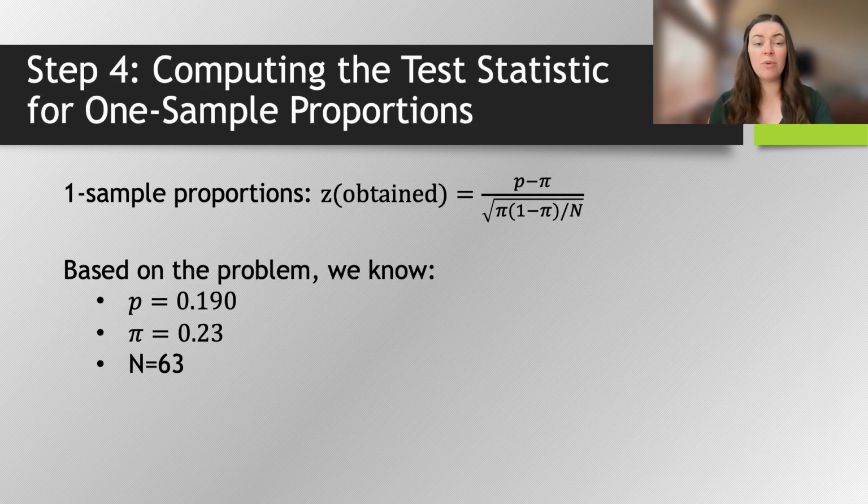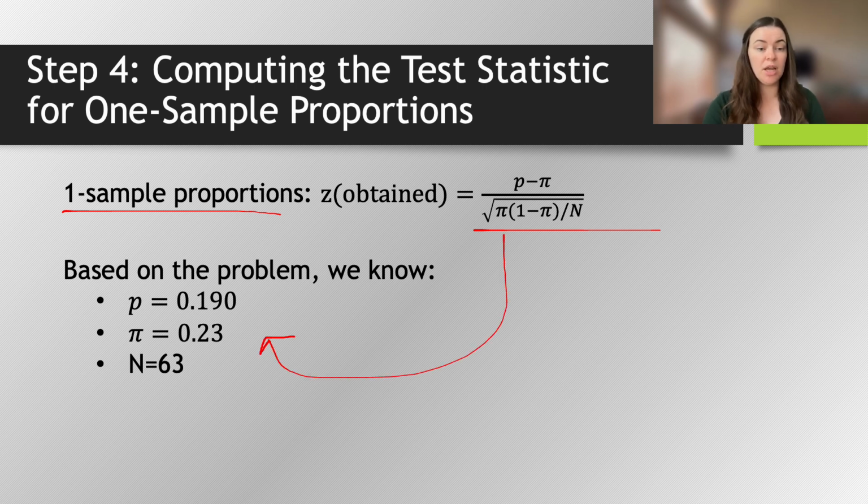Step 4 is where we actually compute our test statistic for our one sample test. And as we had mentioned earlier in this presentation, there are 2 different formulas depending on if we're using proportions or means. So in this case, I am adopting our one sample proportions formula here. Based on the problem, we know a fair amount of the information that we're going to need to plug in here.